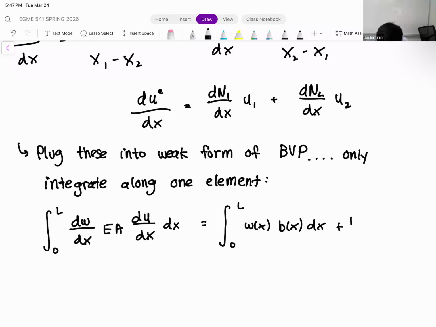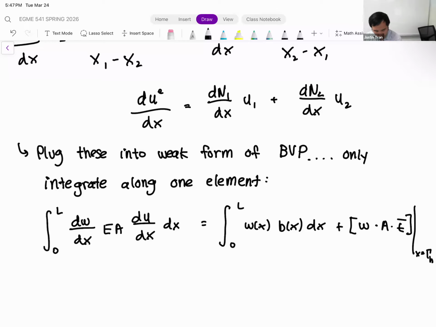So this is w times A times your Neumann value t bar. So t bar would be some kind of applied compression or applied tension. And we evaluate this at the location of the Neumann boundary condition, so x is equal to gamma h, excuse me.